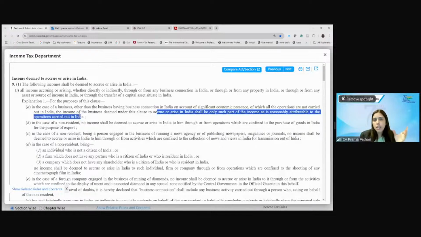So the same thing, only the income attributable to the operations carried out in India will be the income arising in India.